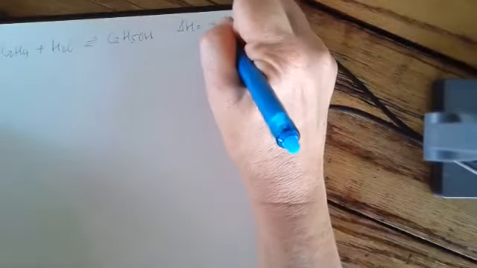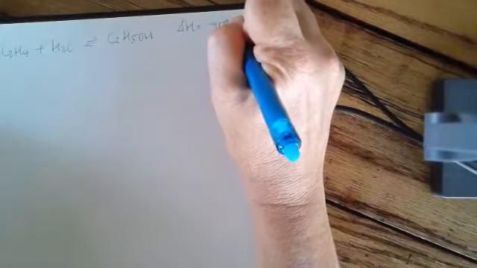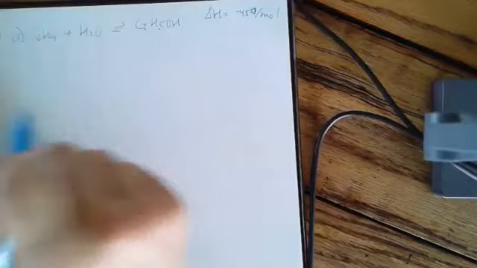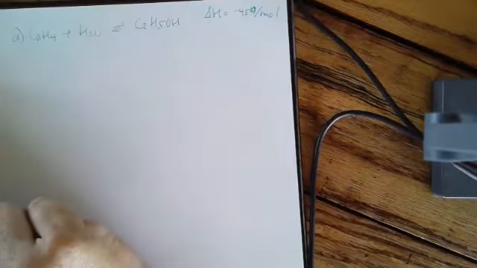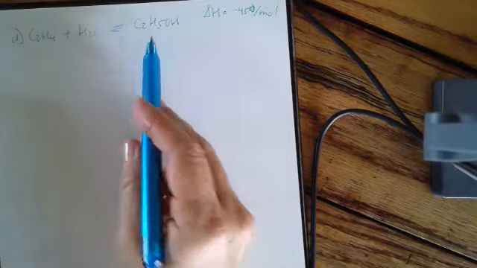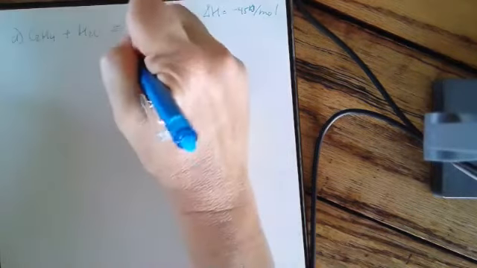Negative 45 kilojoules per mole of reaction. So question D asks you to identify 2 ways that the chemist could change the conditions to favor the formation of more product. This question D is about equilibrium and Le Chatelier's principle. What are 2 things that you could do to make more product?